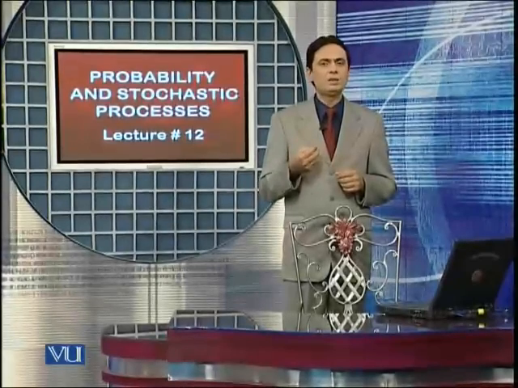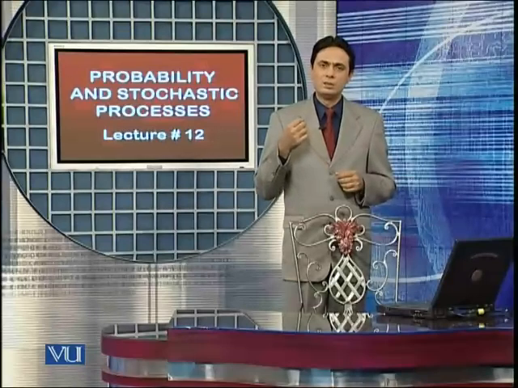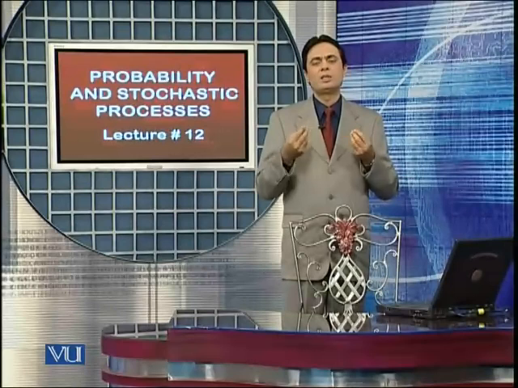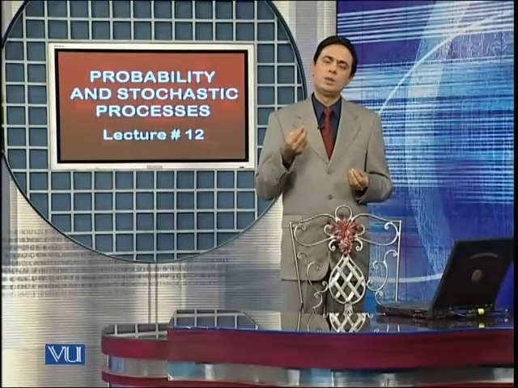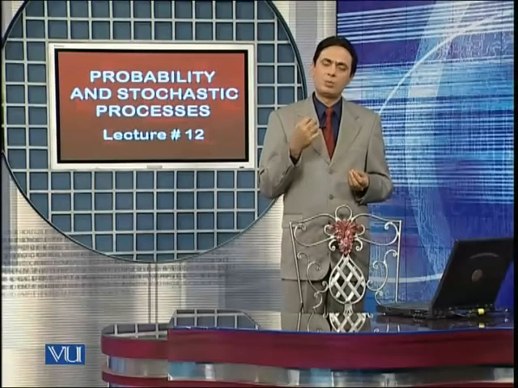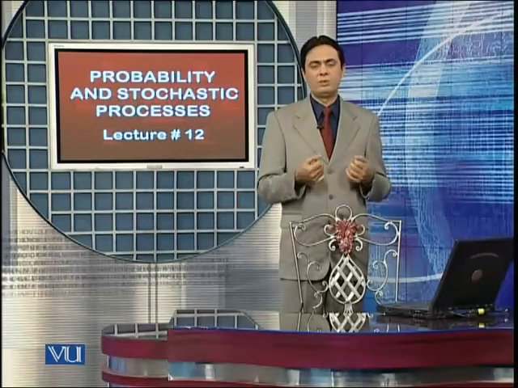The example was that you roll 2 dice and add the number of dots on the 2 top surfaces and get that number as your random variable. We found the probability mass function of this random variable without any additional information.